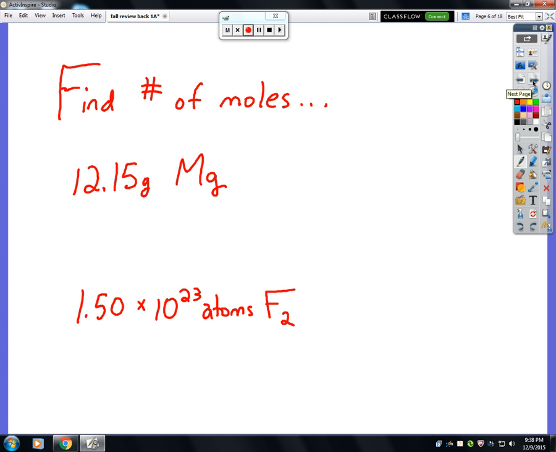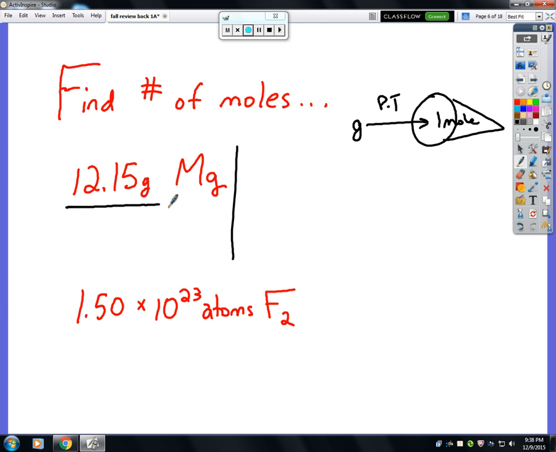Now, how do I find the number of moles from grams? Well, on my mole map, I'm on grams and I'm going to moles for this first problem. 1 mole in that mole hole, pass the periodic table. I underline my 12.15 grams. I do not want grams, so I write grams down here. I'm traveling from grams to moles, so I put the word mole up top.